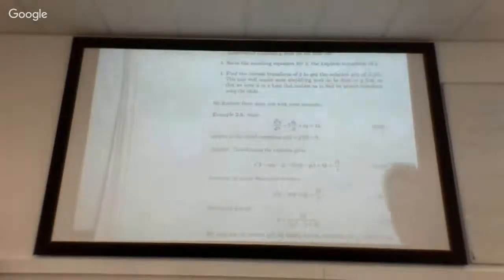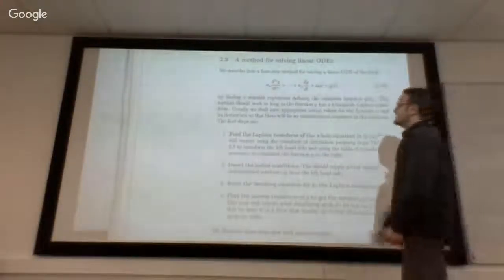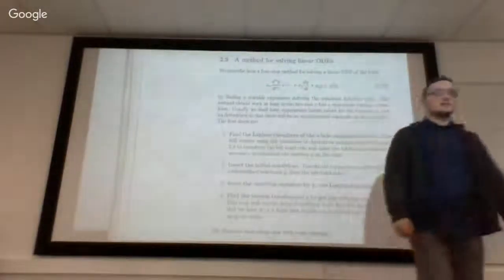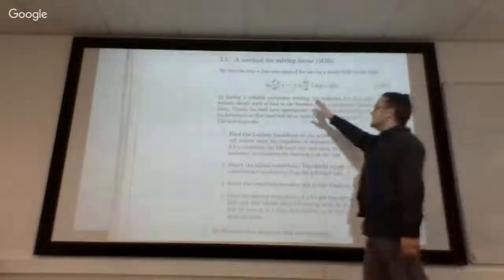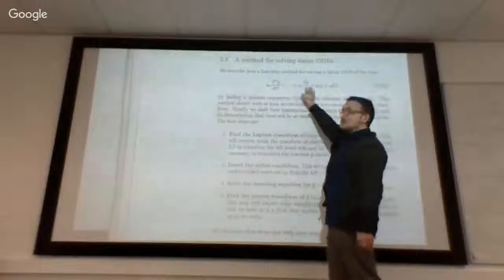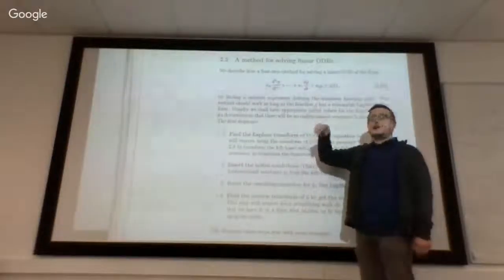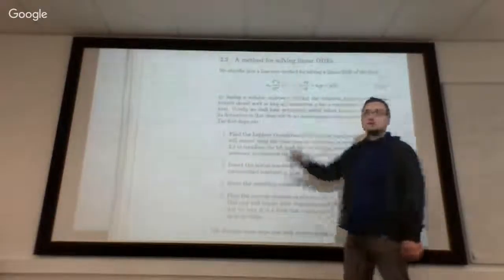So there's a method of a few steps. I've numbered them, I've given them four steps here. This is on page 48. The typical situation here is we're confronted by a differential equation. It could be of any order, there could be some high order derivatives, but it's going to be linear, meaning none of these derivatives of different order are multiplied together, and none of them are raised to any power.